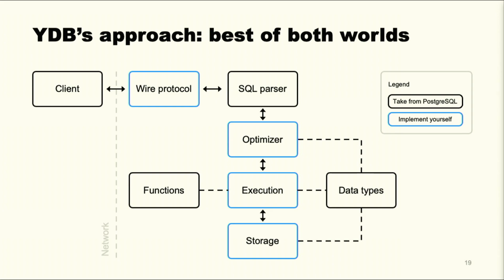But then during execution, there are parts that also have some complex semantic, like what functions should return, what data types we operate on, and how they should behave. These parts also had to be taken from Postgres.